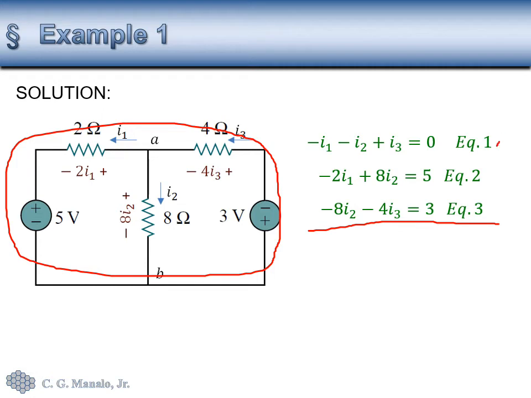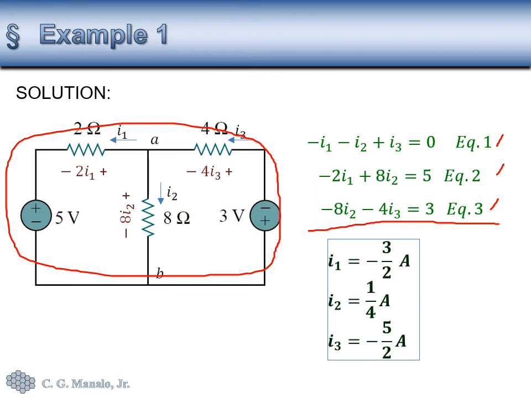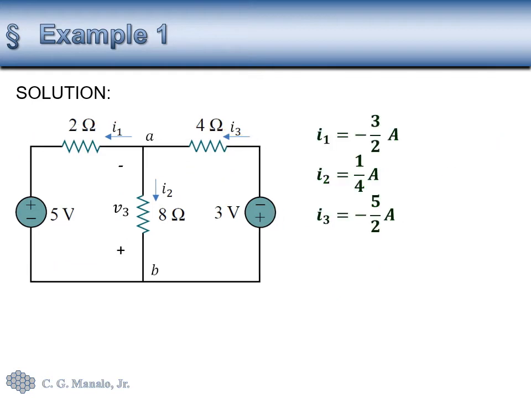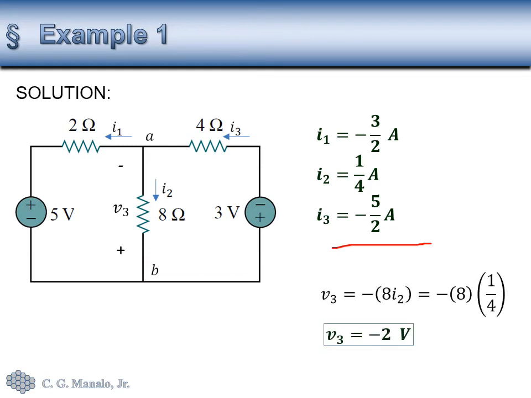Okay, so we have these three equations, and solving the three equations will give us these currents. And therefore, given those currents through the elements, 2 ohms, 8 ohms, and 4 ohms, we can solve for V sub 3.